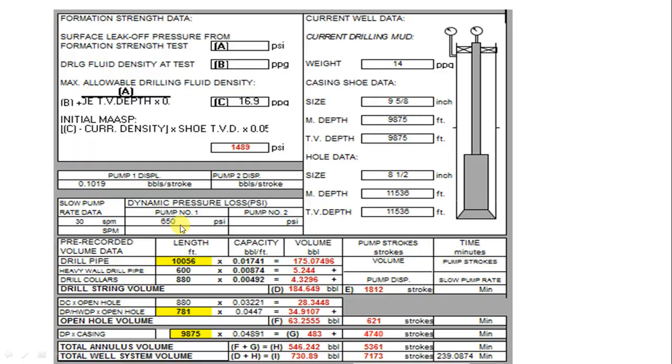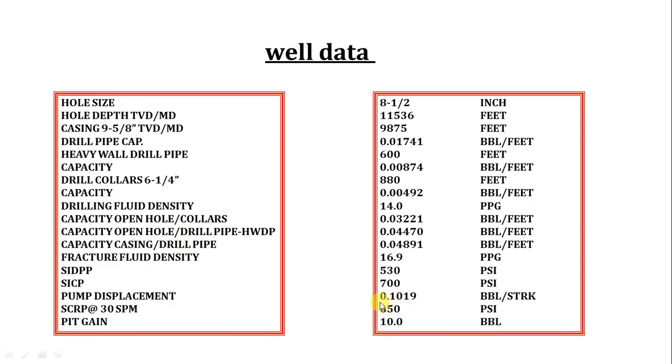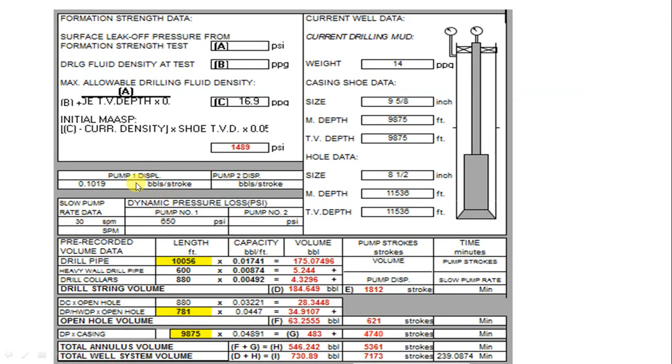It's 650 psi. So this is very important. We have both the pump data here. And by the way, in the exam, you have to solve it twice. Why twice? Because if you make some mistake the first time, you can avoid it the second time. So take care of these points.